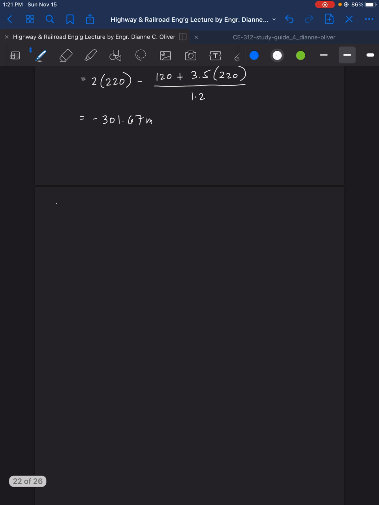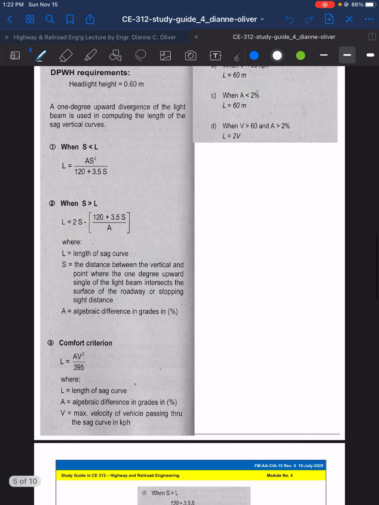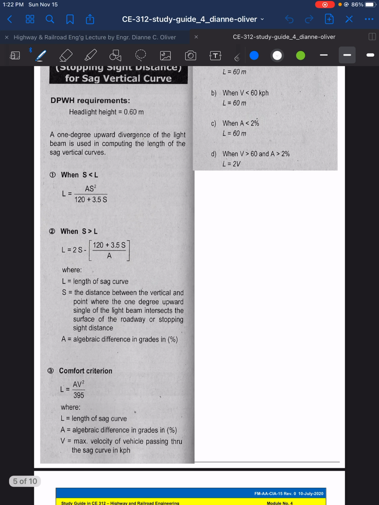How about we check for the comfort criterion. For the comfort criterion, so we have there AV squared over 395.